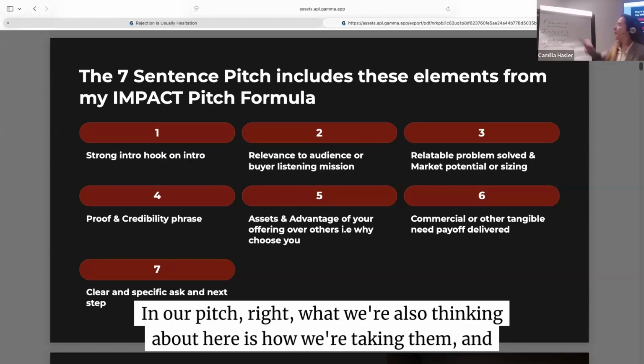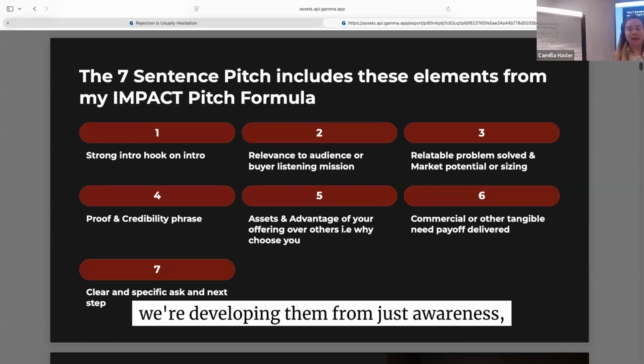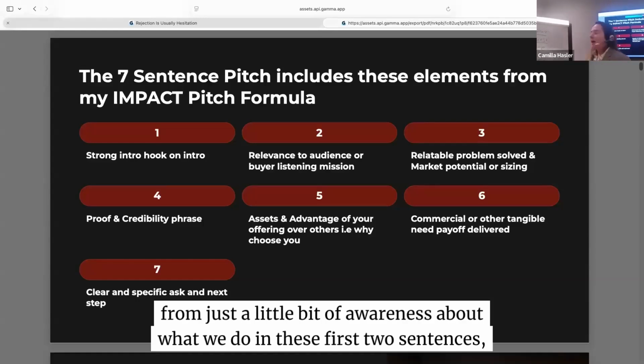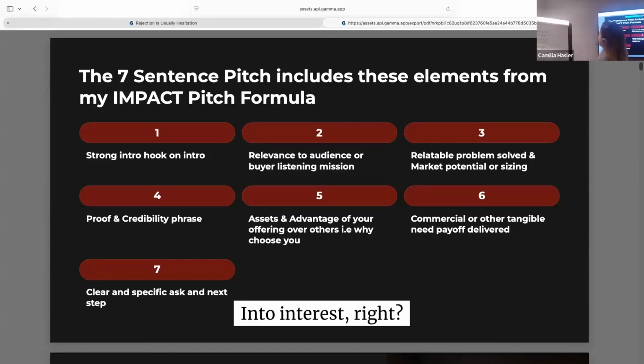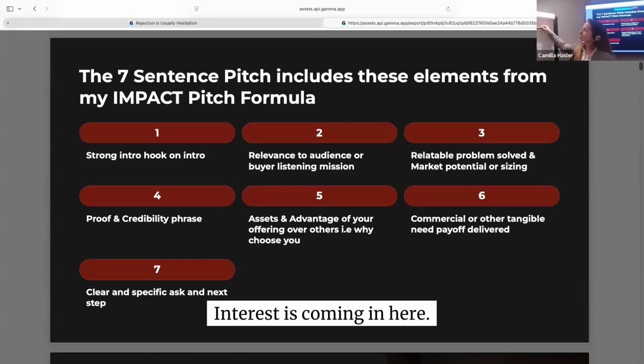In our pitch, we're thinking about how we develop them from just a little bit of awareness about what we do in these first two sentences into interest.